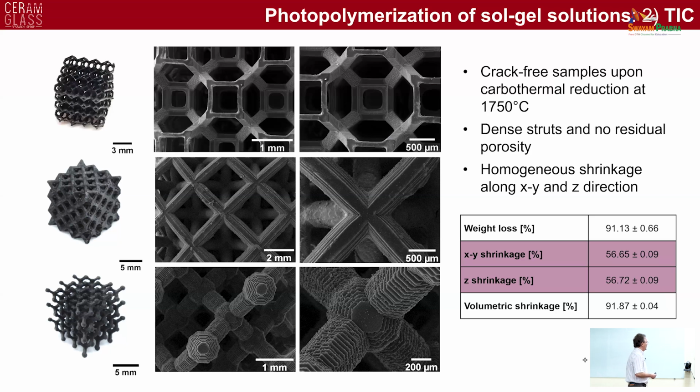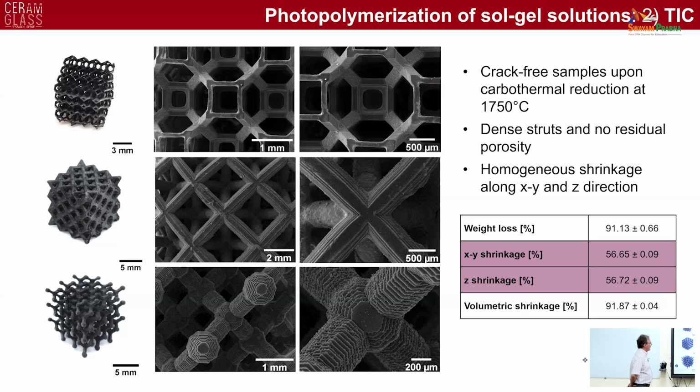Here you can see different structures. This is a diamond structure, and this is a Kelvin cell structure. This is another type of structure, all based on struts. Of course, we can also make structures based on sheets rather than filaments.